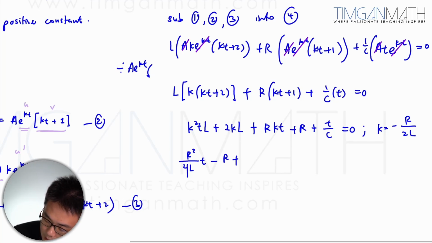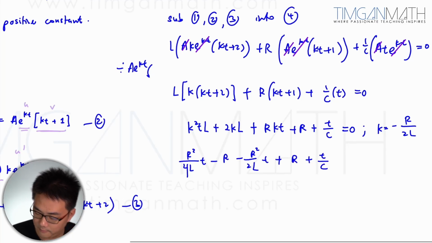And plus r, negative r² over 2L. So this is negative r² over 2L t plus r plus t over c.